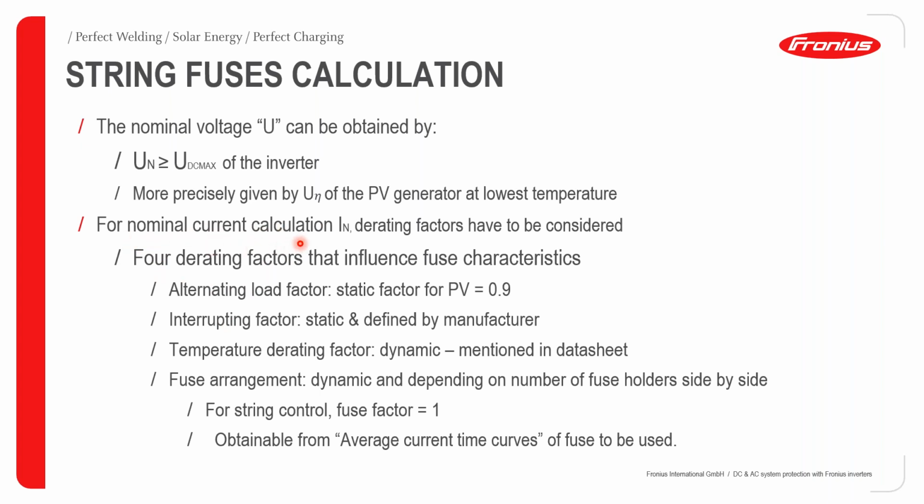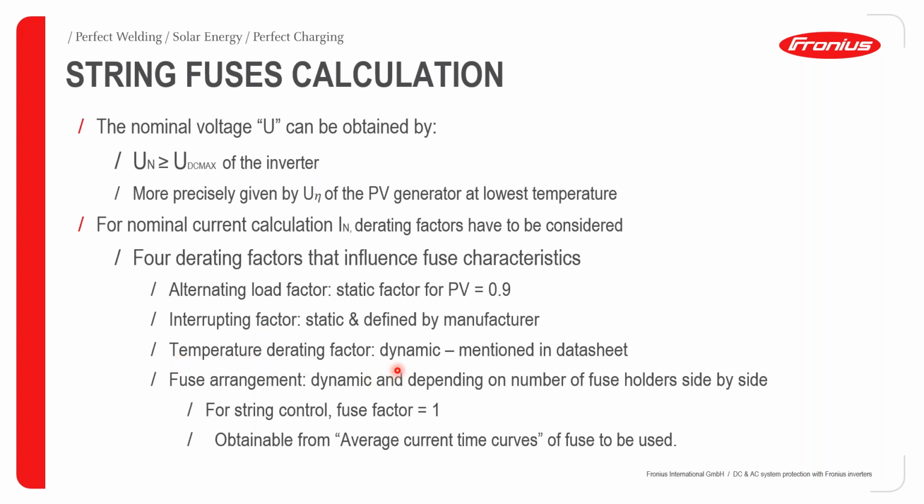So let's now go to the nominal current. In order to calculate the nominal current, the derating factors have to be considered. Basically there are 4 derating factors that influence fuse characteristics. They include the alternating load factor. This is actually a static factor for PV systems and usually has a value of 0.9. And then we have what we call the interrupting factor, also a static factor, and is defined by the manufacturer, and of course would be found on the data sheet of the fuse in question. And then we have the temperature derating factor.